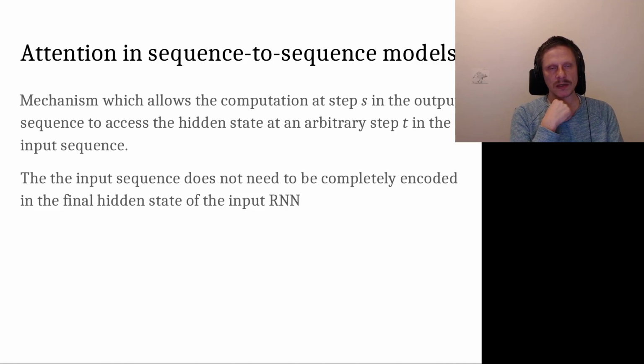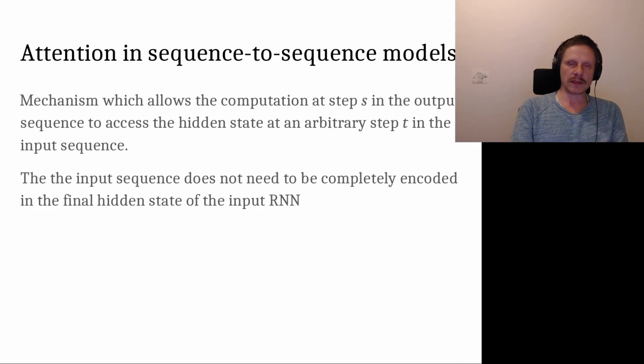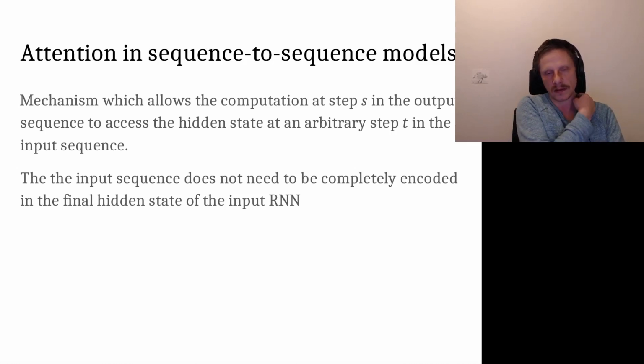What this means is that the input sequence does not need to be completely captured by the final hidden state of the model which is encoding the input. In the previous slide, that was indicated by LSTM in. We saw that LSTM in was being used to generate the hidden state and the memory cell state to initialize the output network.